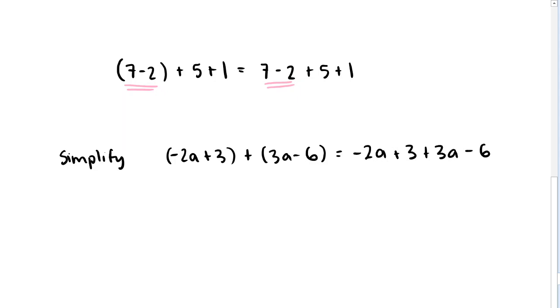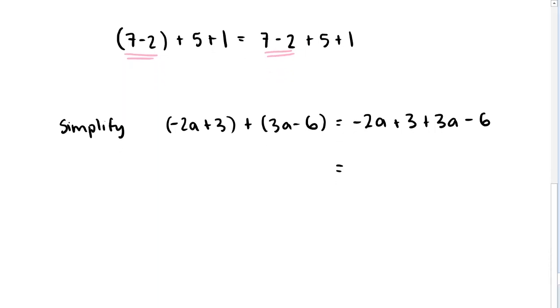And then we can combine like terms. Now that these terms aren't inside these parentheses, it's a lot more clear how we can simplify this expression. This minus 2a and this plus 3a combine to a single a. And then plus 3 and minus 6 combines to minus 3.